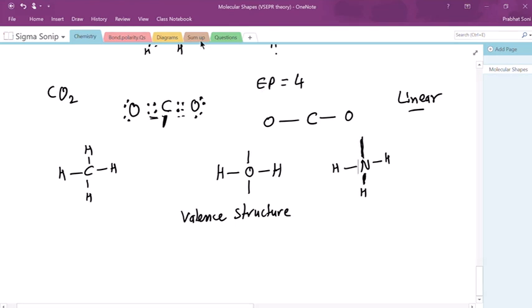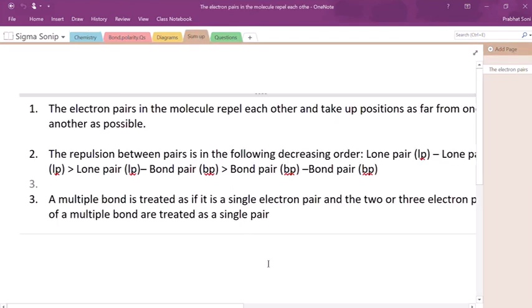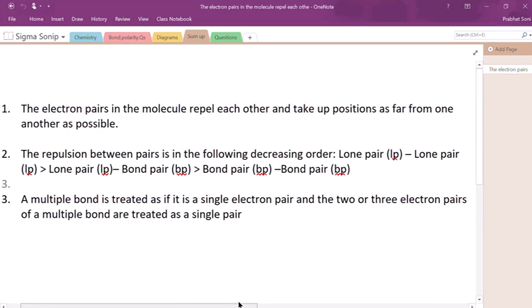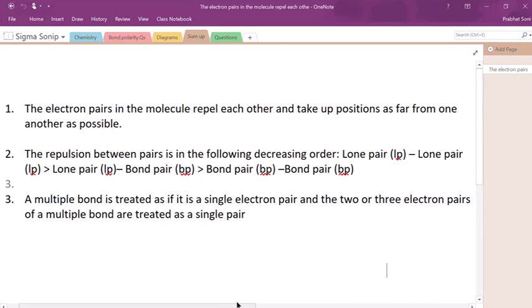Okay, so just to sum up electron repulsion theory, I just want you to go through this. The electron pairs in the molecule repel each other and take up positions as far from one another as possible. The repulsion between pairs is in the following decreasing order. Just as we discussed earlier, lone pair and lone pair repulsion is the greatest, then lone pair and bonded pair, and finally bonded pair and bonded pair.